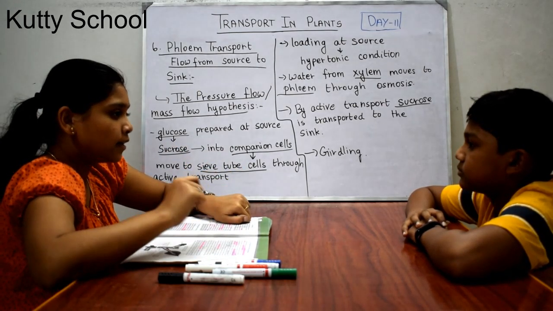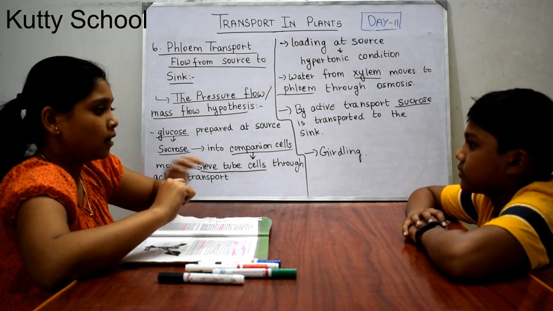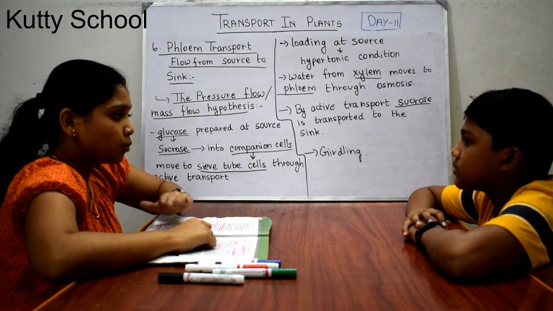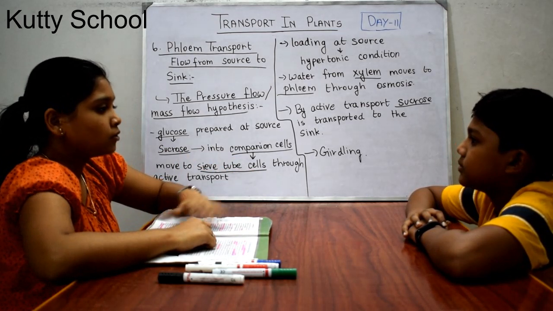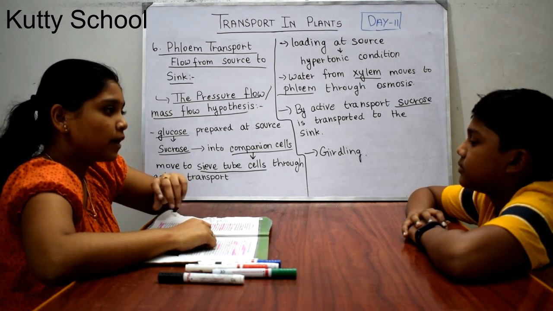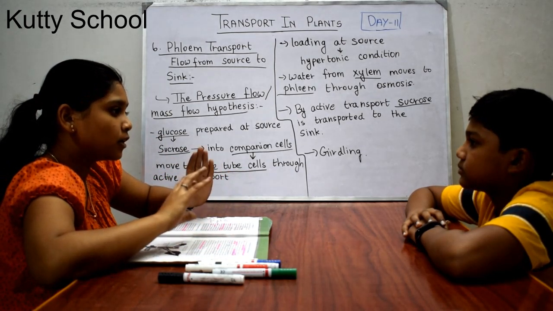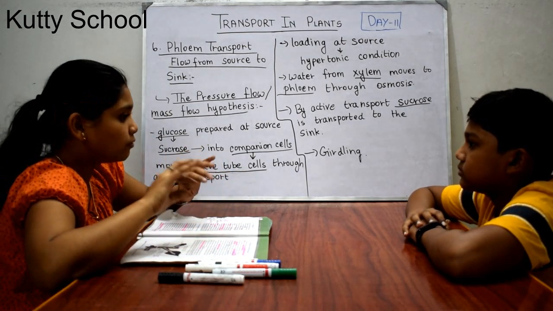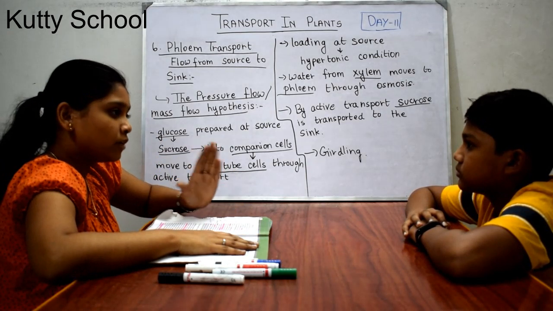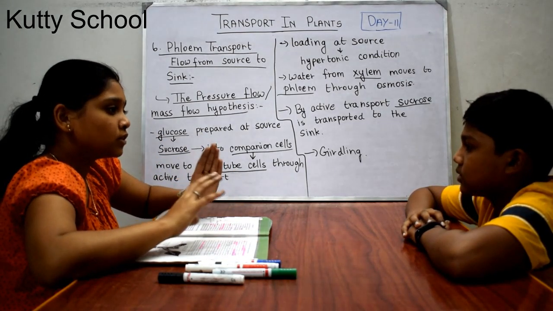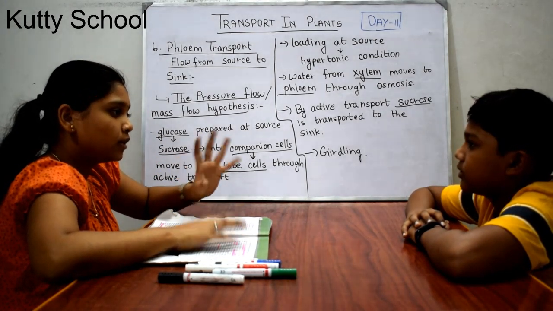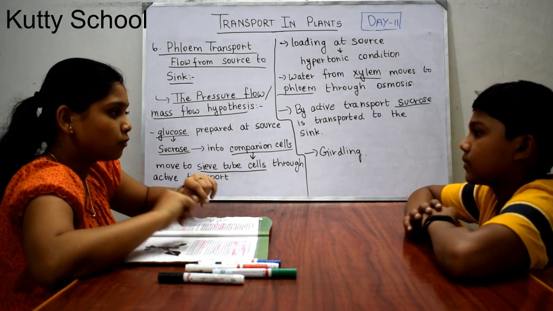At that time the source will be the root part. The root acts as source. When the plant has leaves, the source is considered to be the leaf part. Only the source changes according to the phloem.